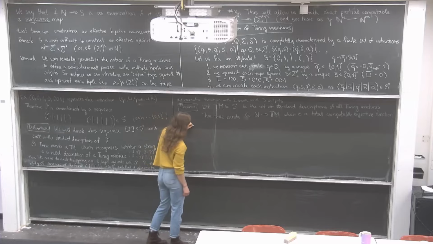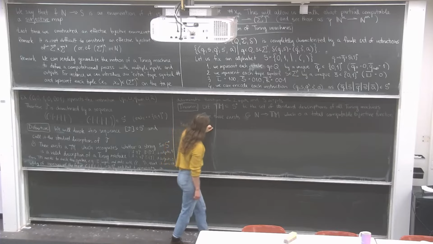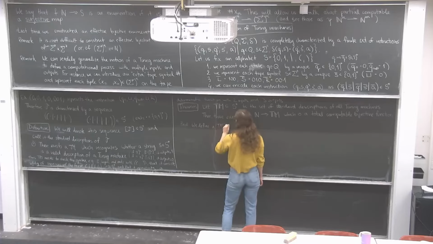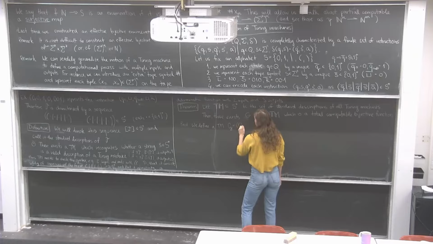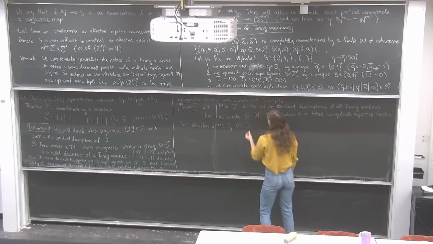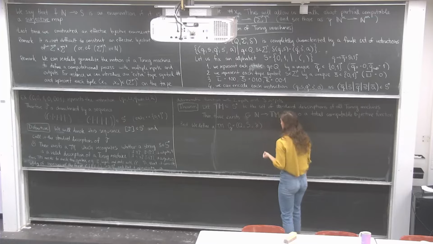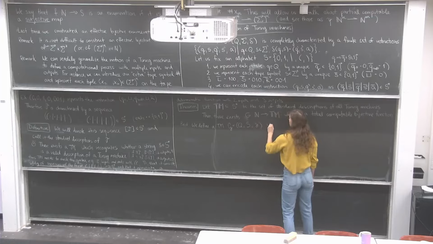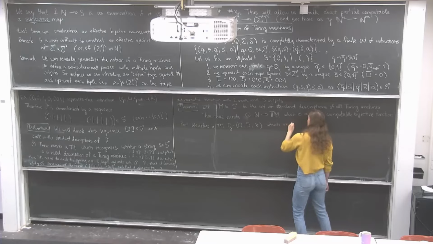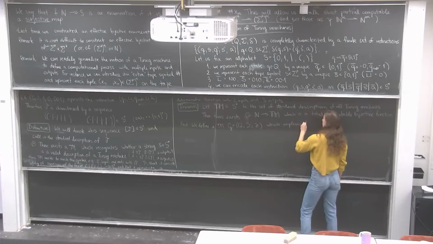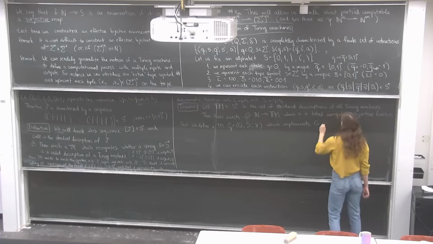So we define a Turing machine G with some states, with the alphabet being exactly S, with some transition function delta, which implements G. And we do it as follows.